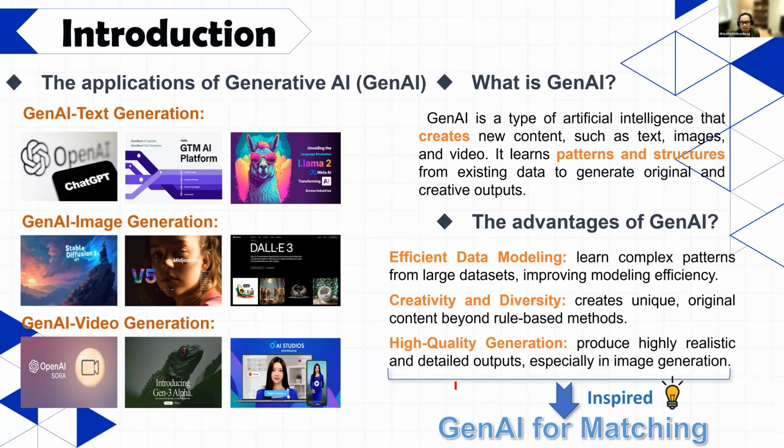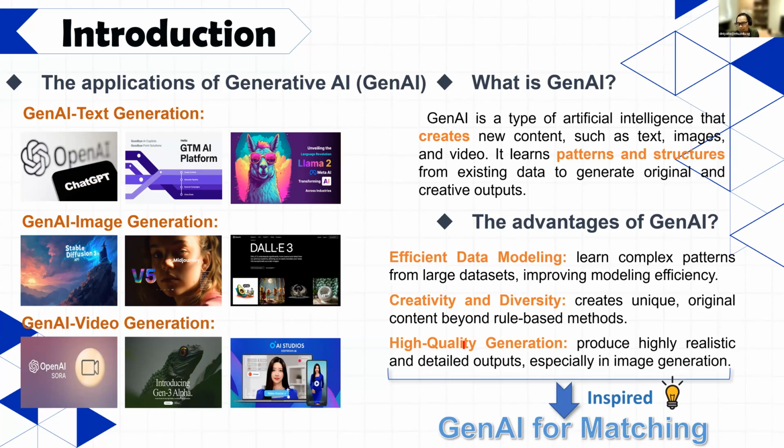We already know that we have several services and applications of generative AI: for text generation, GPT, DeepSeek; for image generation, Stable Diffusion, Midjourney, DALL-E; for video generation, Sora, Gen-3 Alpha.